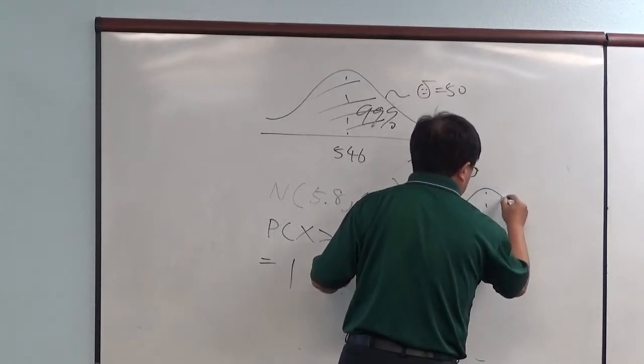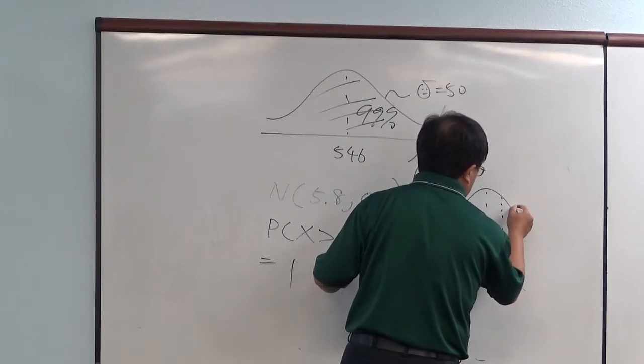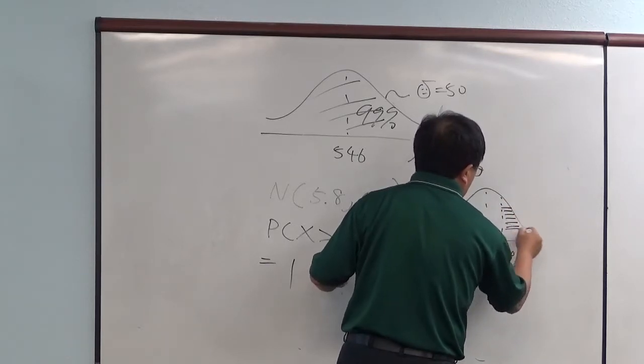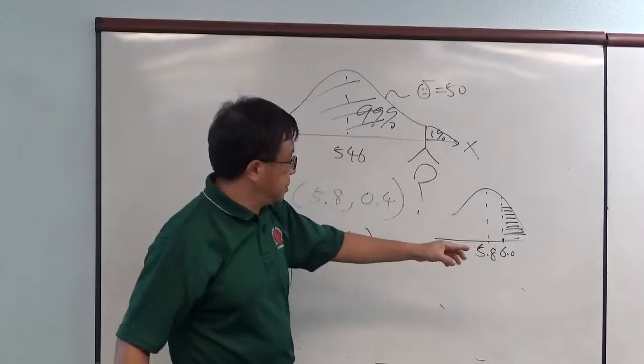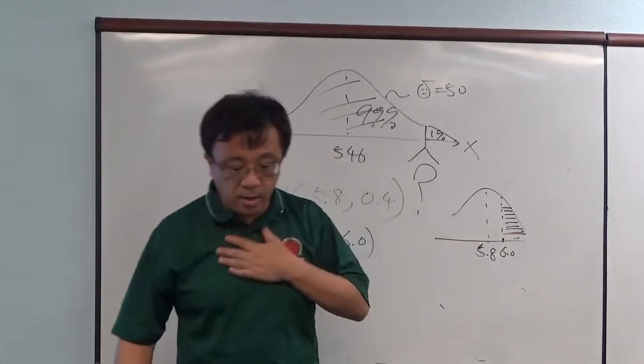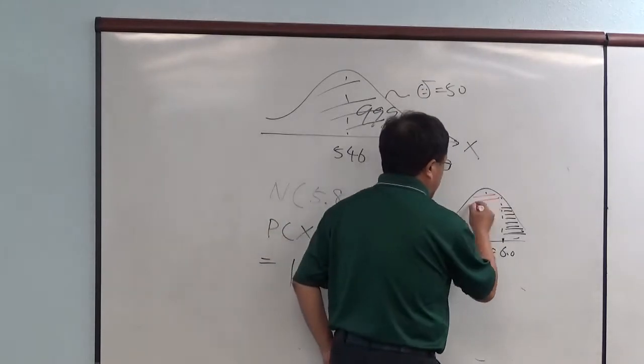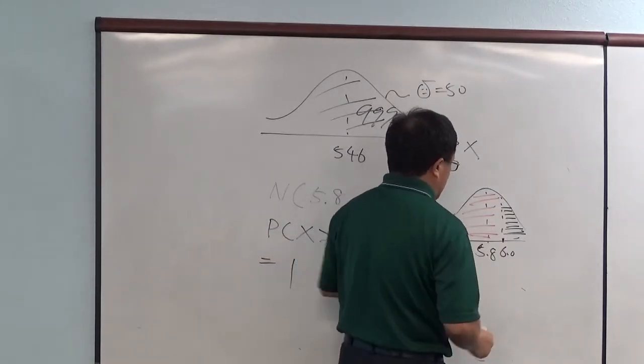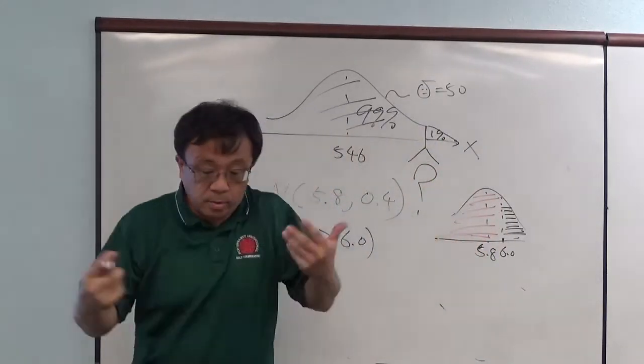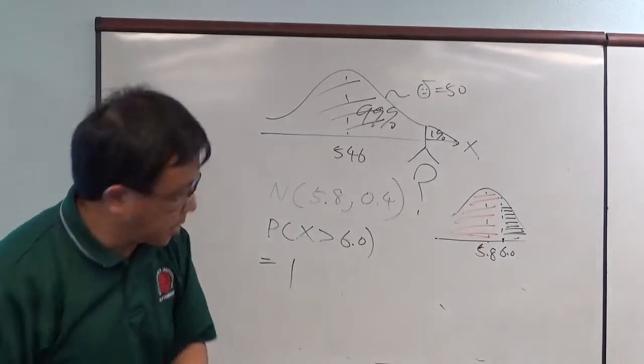So I'm interested in this area. But Excel will give me the red area, right? So I have to use 1 subtract the red area, which is what Excel gives to me.